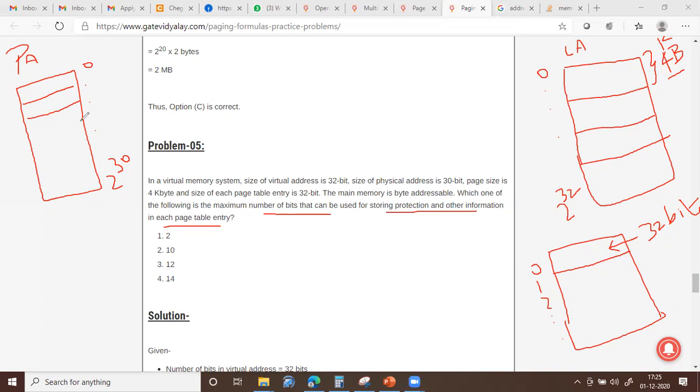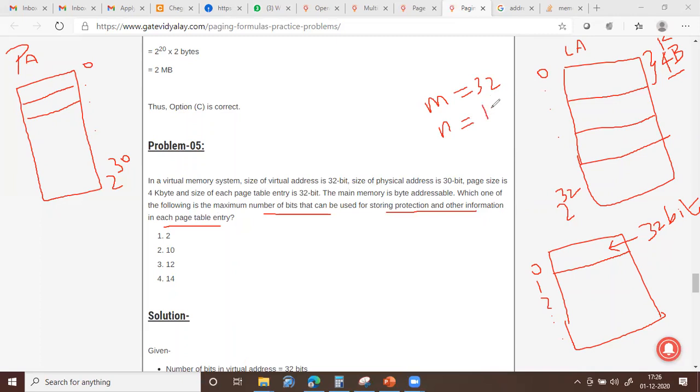So let us calculate m and n. First, with respect to the logical address, m is 32. N: each page size is 4 kilobytes, which is 4096 bytes, which is 2 to the power 12.